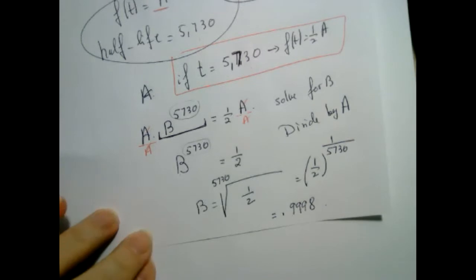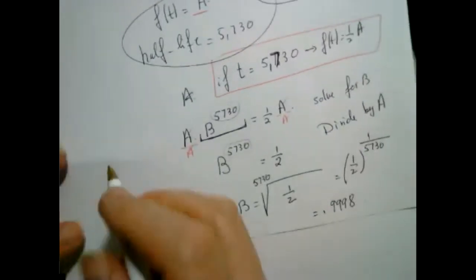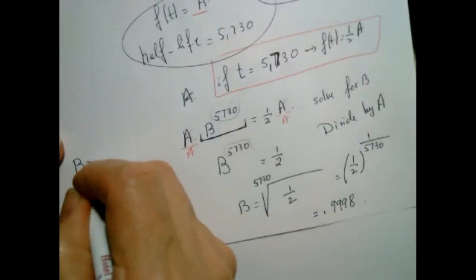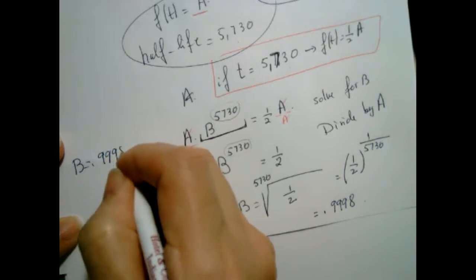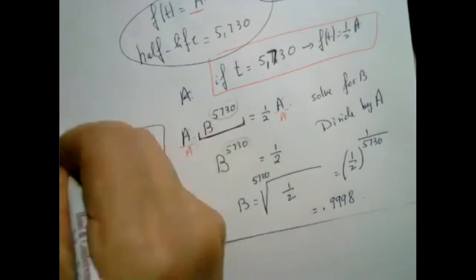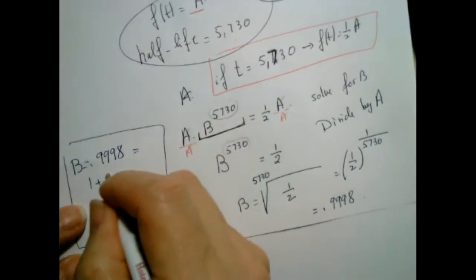Okay, so that's the B. The growth factor is that much. That's the B, which is 1 plus the growth rate.